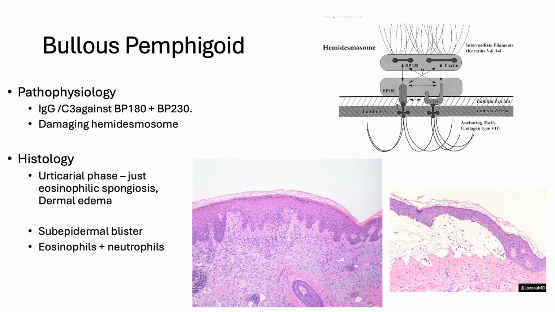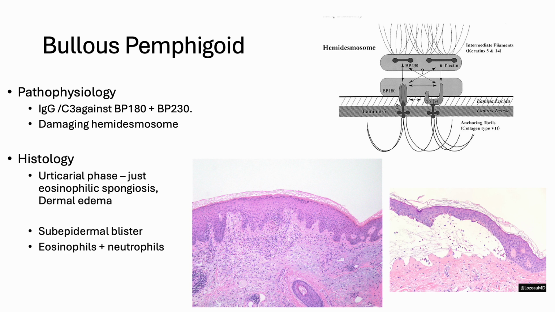Not very specific, but remember, if you see a very old individual, biopsy is for question mark urticaria, and you see tons of eosinophils, you should think bullous pemphigoid in your top differential diagnosis.